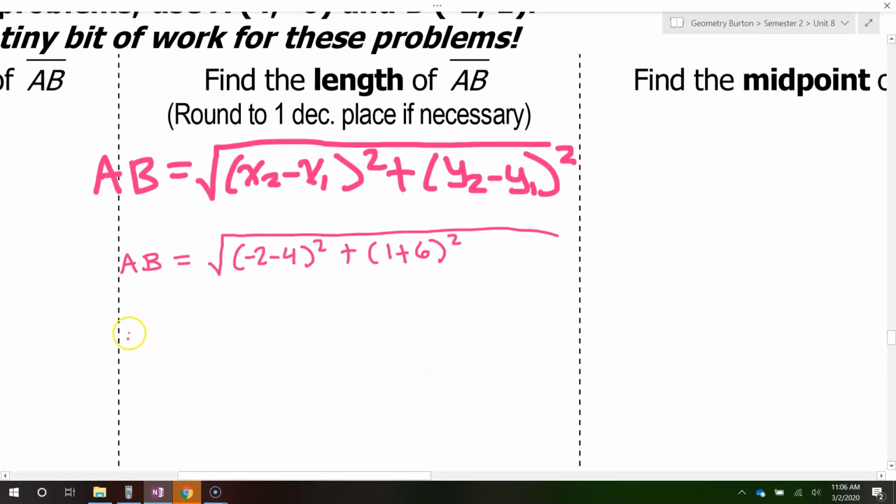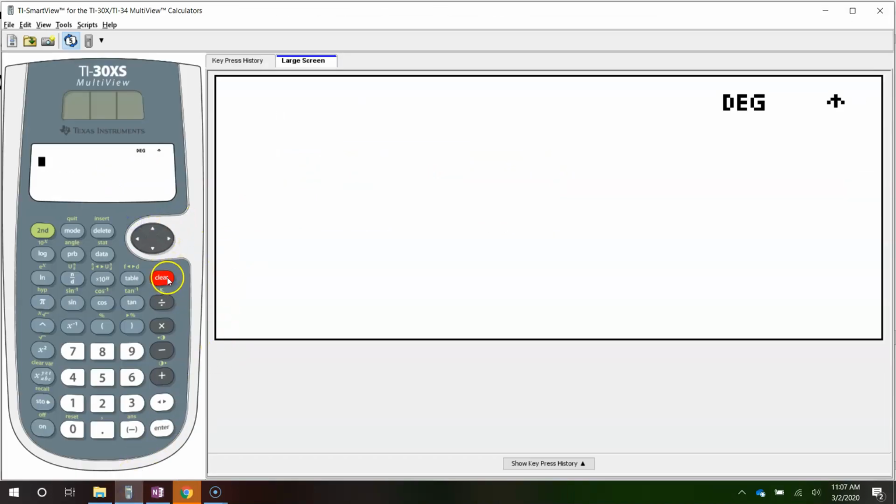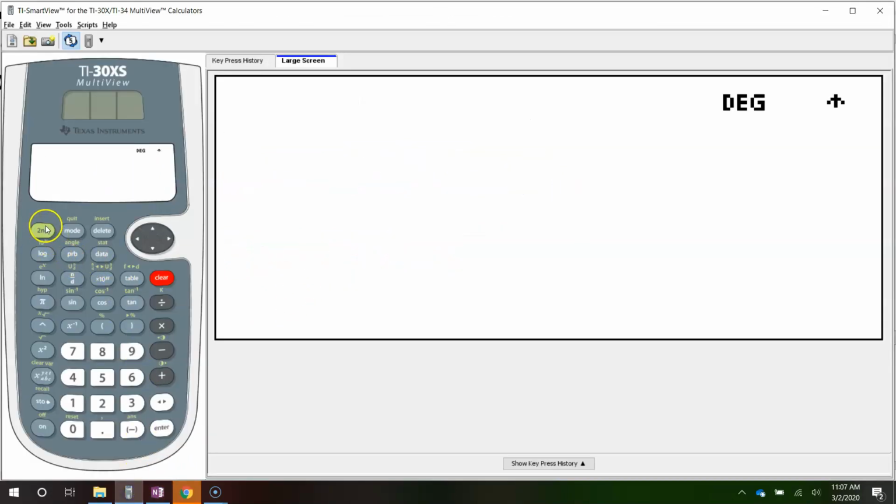Okay? Now I can do this step by step by hand. But I can also put this whole thing in my calculator. I'm going to do it both ways, because I just need to show you that anyone who has trouble with doing the calculations by hand, the calculator is there for you.